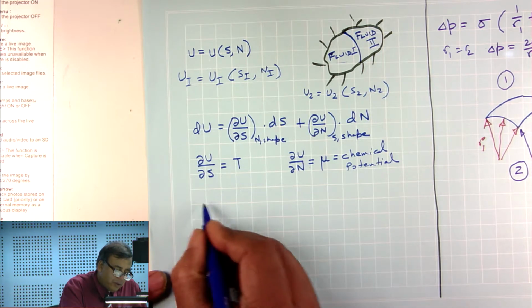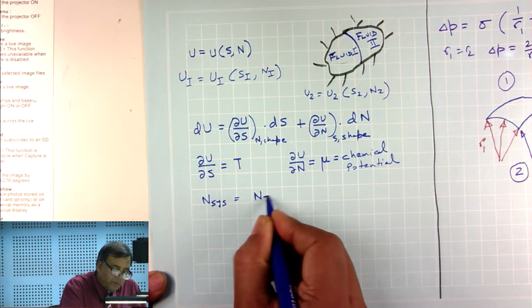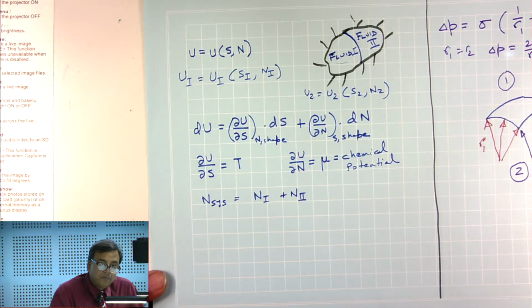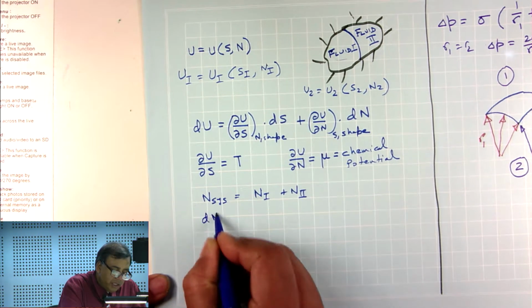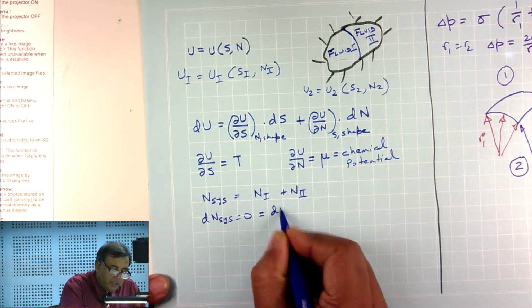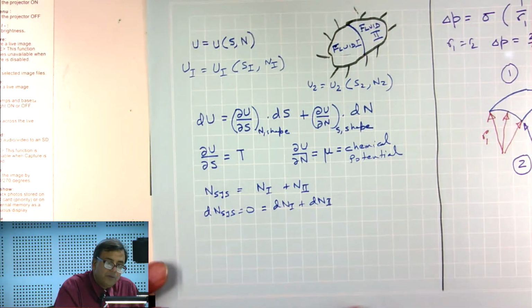Okay. So, the n of the system is equal to n1 plus n2 and that is fixed. Which means my dn system is equal to 0 and that is equal to dn1 plus dn2. You all with me on this?